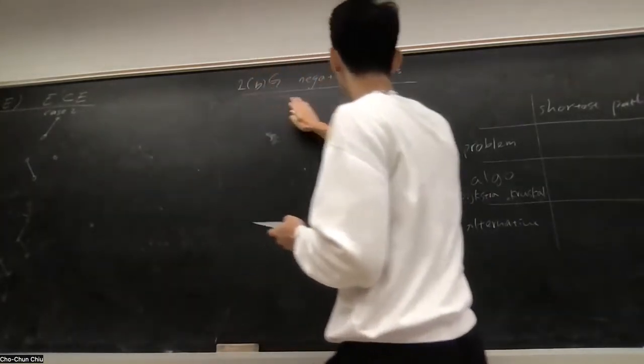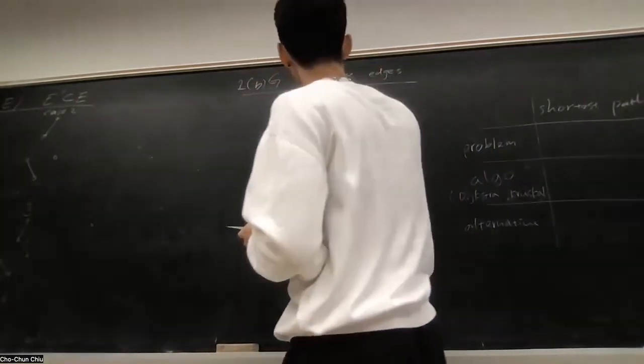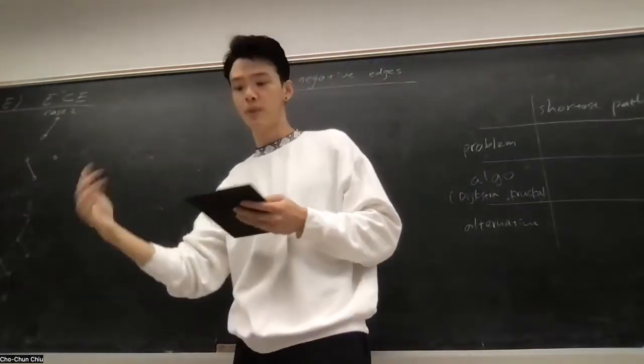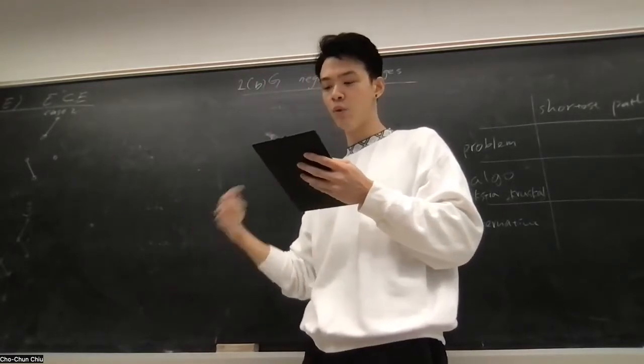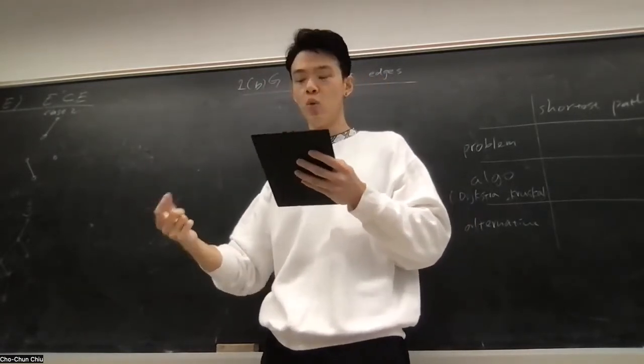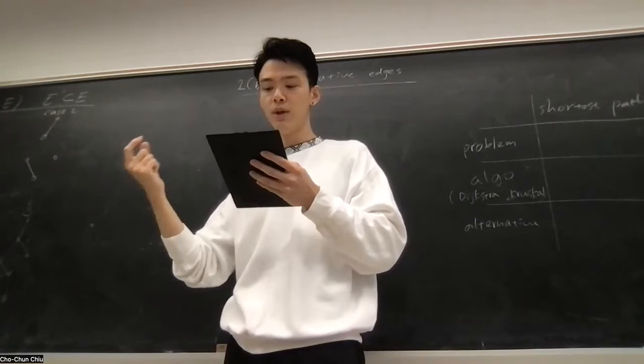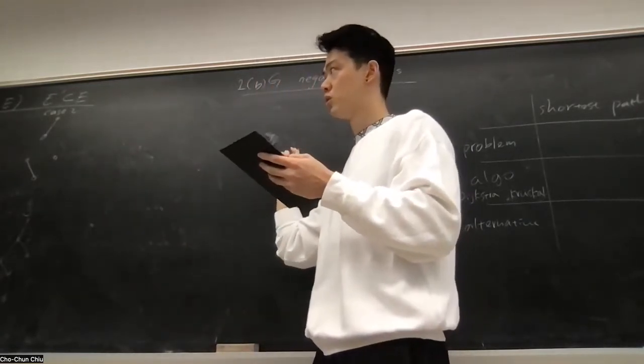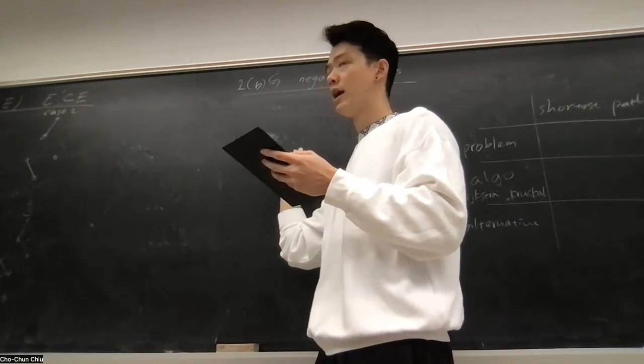So we have a graph that possibly contains negative edges, but we only have the algorithm which returns the MST when all of the edges are positive. So any idea to deal with that?